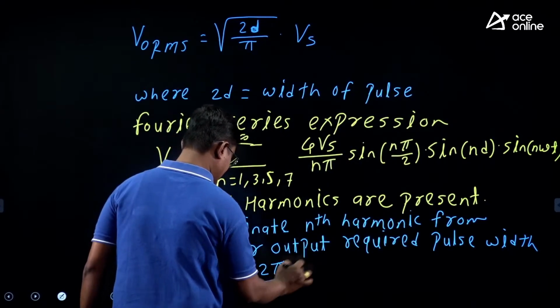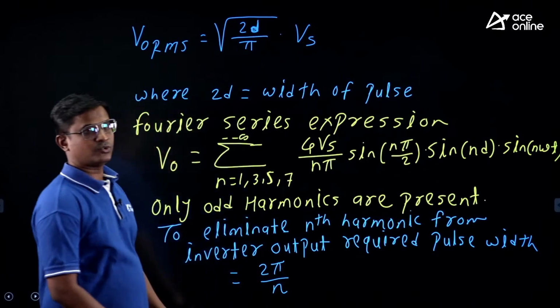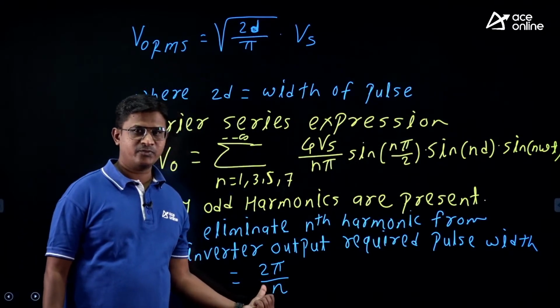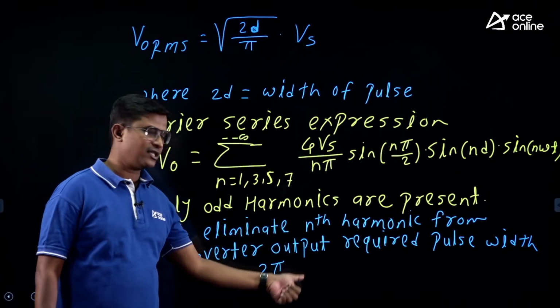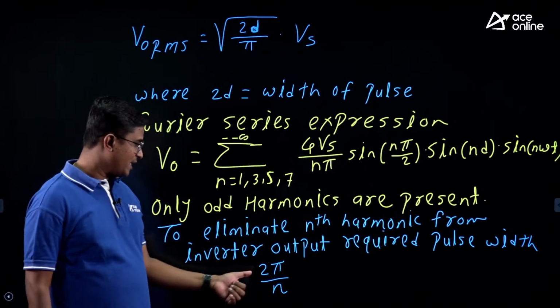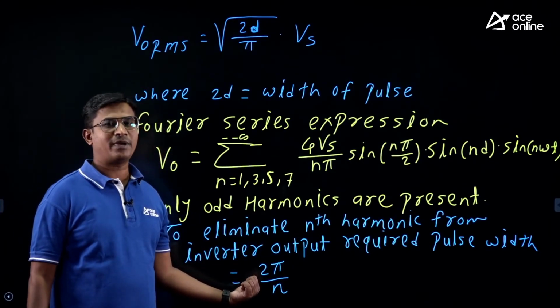So based on this they have asked the question, right. This is a direct conclusion I am writing, okay. I will provide the notes, in which you will find the proof for this. So for the nth harmonic the required pulse width is 2 pi by n.